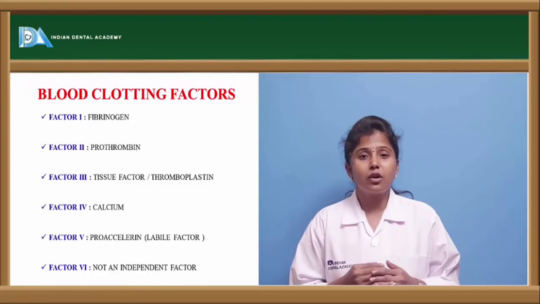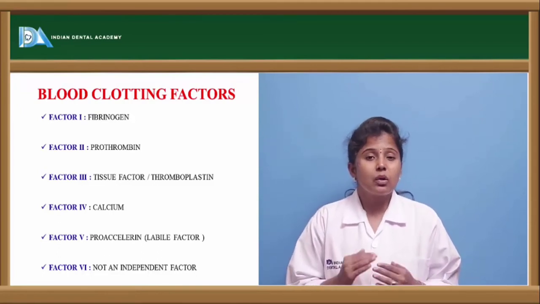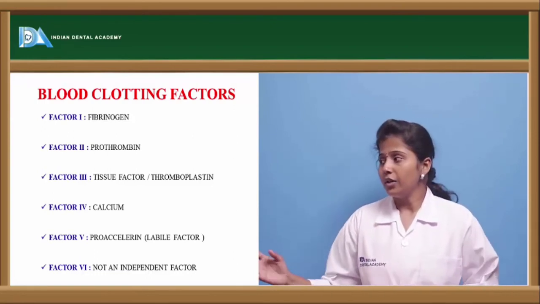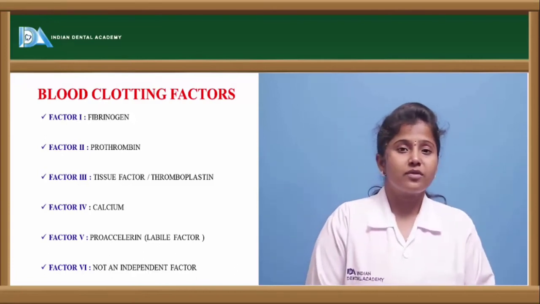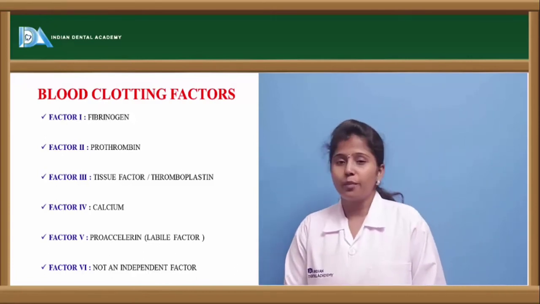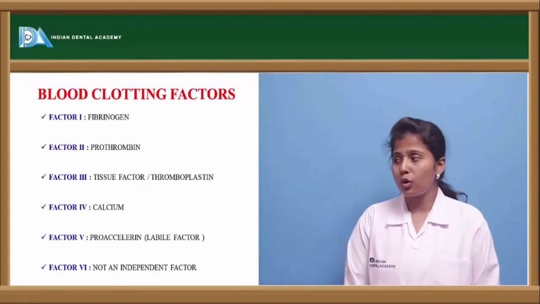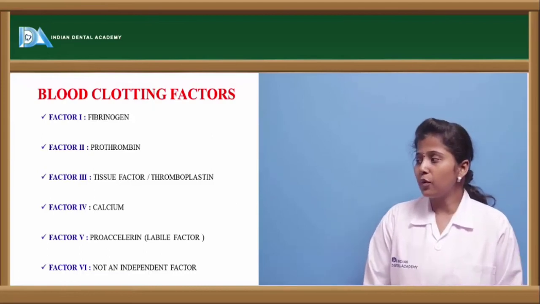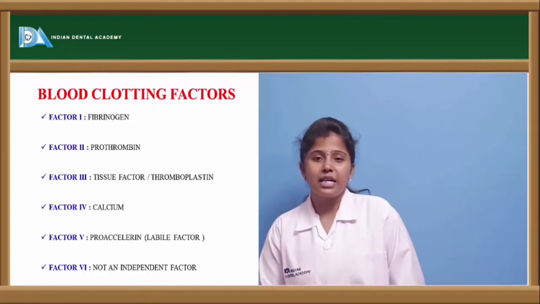If we see the clot mechanism, or the clotting cascade pathway, all these 13 factors aid in clot formation. The factors involved are factor 1, which is also called fibrinogen, factor 2, prothrombin, factor 3, which is called tissue factor or thromboplastin, factor 4 is calcium, factor 5 is proaccelerin or labile factor, and factor 6, which is not an independent factor.